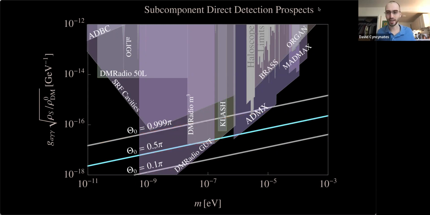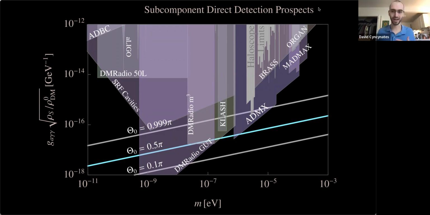The reason I put 0.999 pi here is because this represents a soft upper bound on what you could expect the signal strength of vanilla misalignment axions to produce. To get signal strengths that go well beyond here, you really need exponentially fine-tuned initial conditions to the top of the potential, and this is exponentially unlikely.